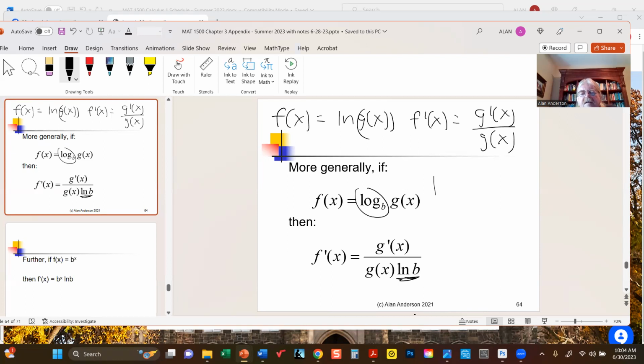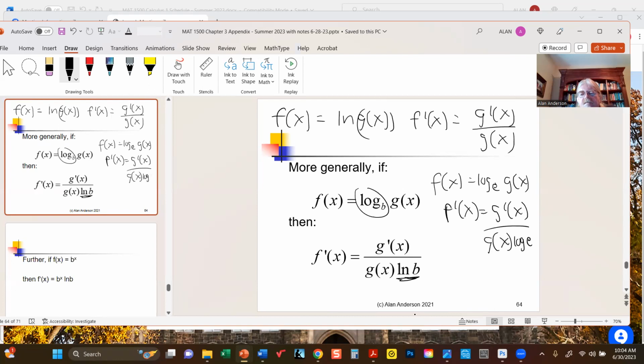But again, if that base is e, natural log e is just 1.